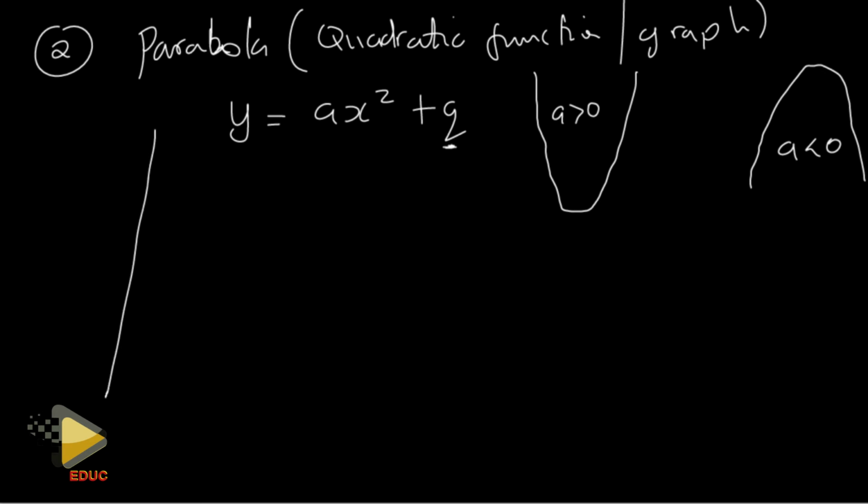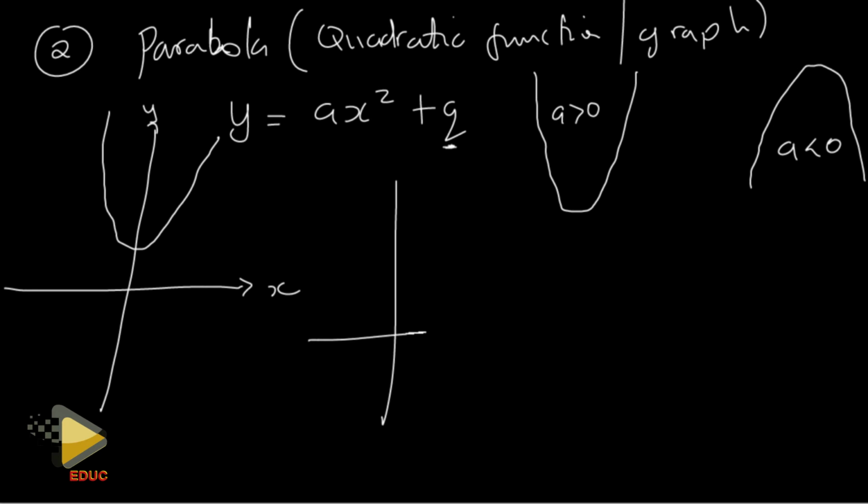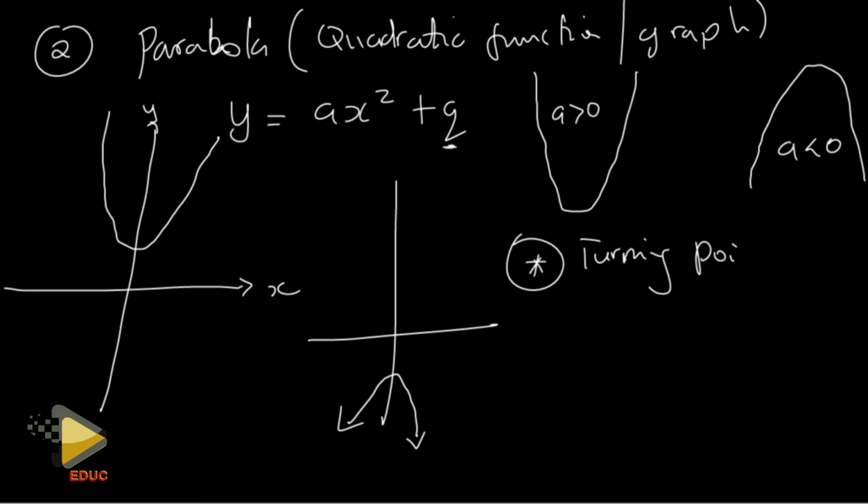So in other words, if we have a Cartesian of x and y, we expect the graph to be either in this format or it could be drawn in this sort of format. So that is how the parabolas are going to look like. Now, what we need to look for when you're talking about a parabola is the turning points. How do we get the turning points?